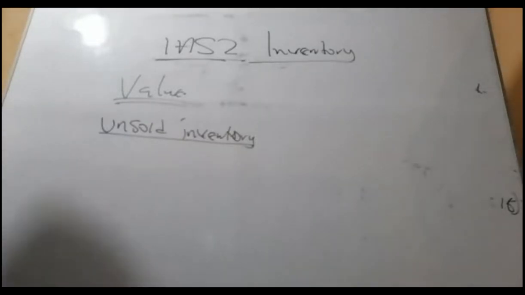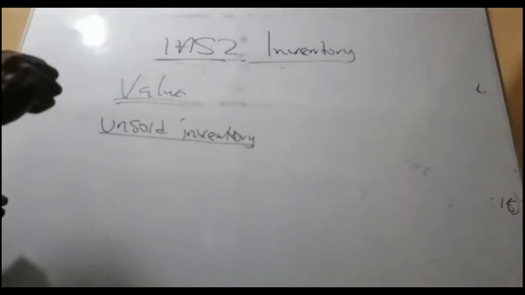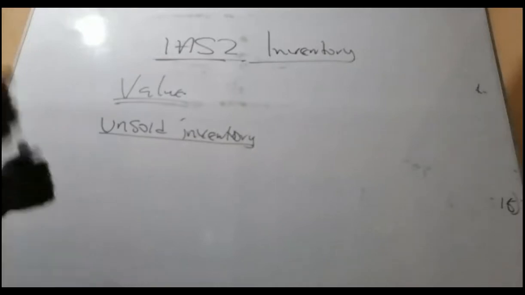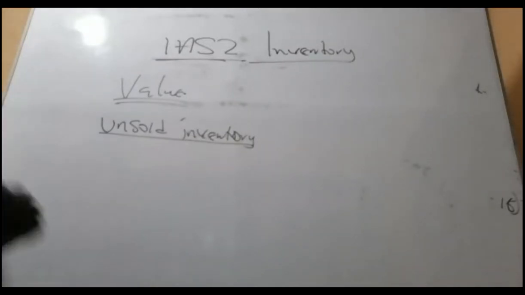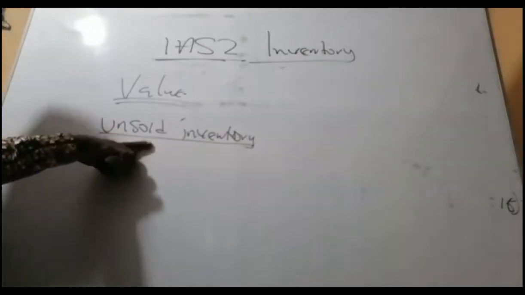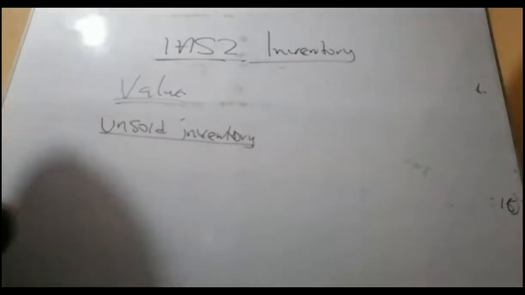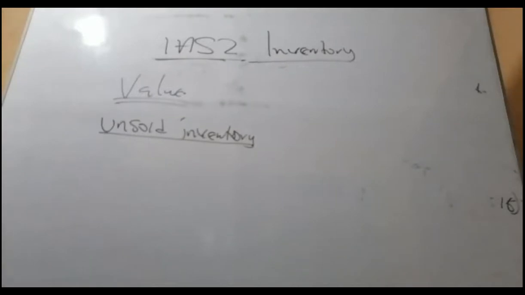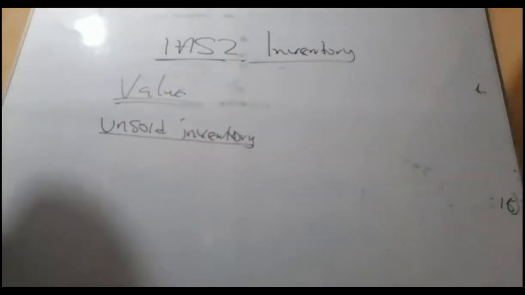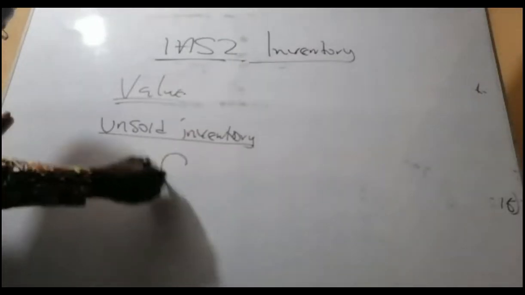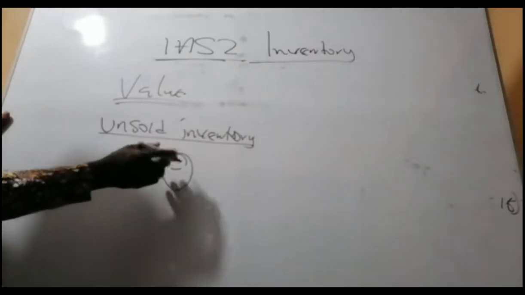The thing is like this: whatever you earn, match it against whatever you spend to determine the profit. That's the accrual or matching concept. So the unsold inventory, we cannot add it to our cost for this year, because there's no related revenue. The inventory that is left over, we have not made any sale.